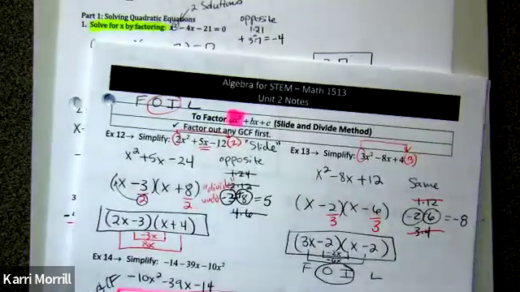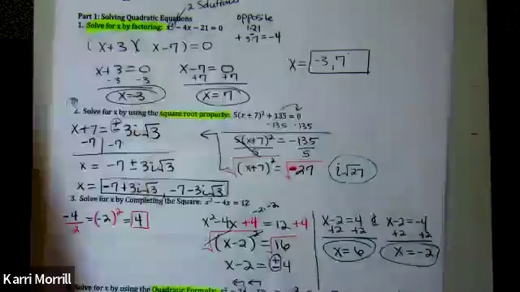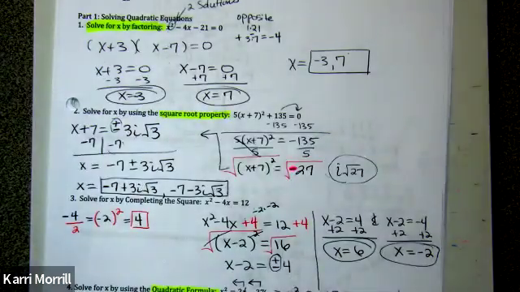So I would just recommend take a look at that, because you are given one problem where you just have to factor, and you will need to know how to factor by slide and divide and pull out your GCF. Okay, so I'm just telling you those things as a help. I assume you know it, and maybe you didn't have to be told, but I wanted to tell you so that you're prepared.